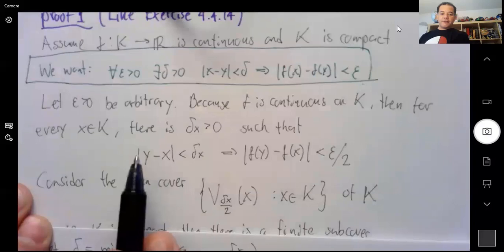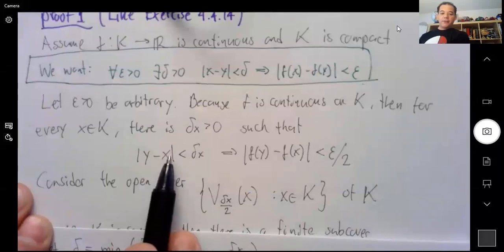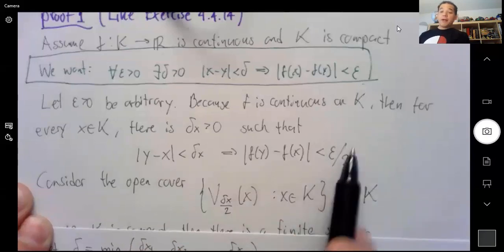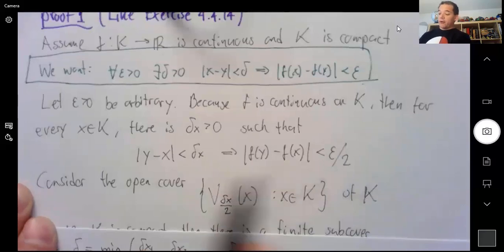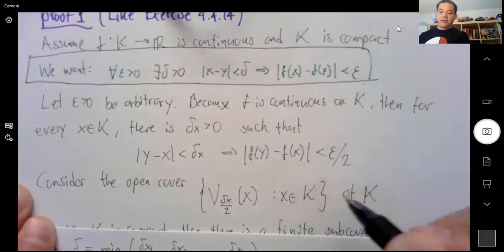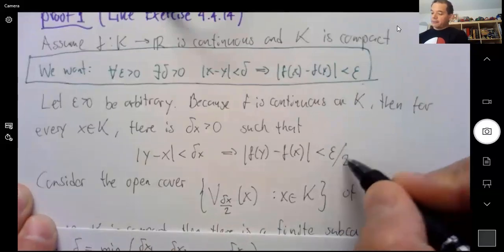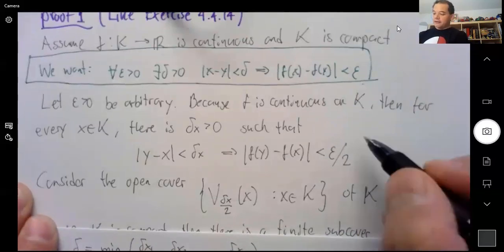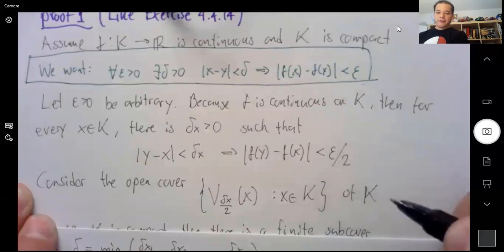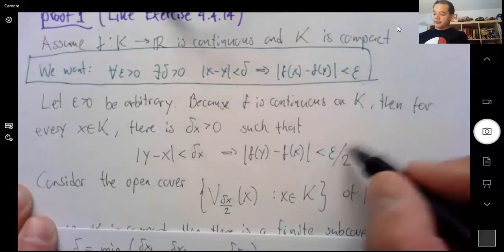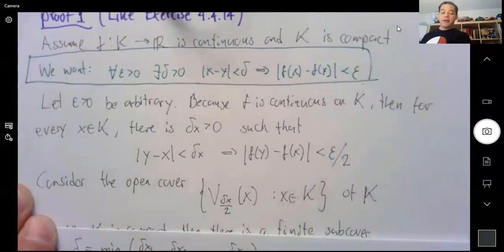What it says is if Y is within delta Xi of Xi, then their images are within epsilon over 2, by the way. Before, when I wrote it initially, it said epsilon only, but I need a little bit of breathing room too. I put epsilon over 2 when this was off the screen, but I need epsilon over 2 here so I can have a little bit of breathing room.